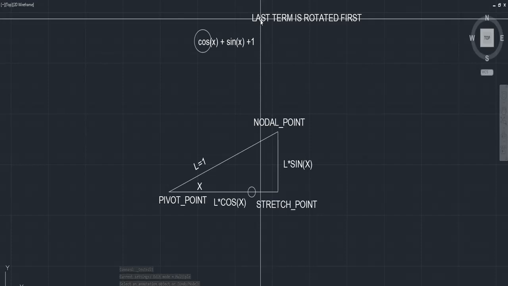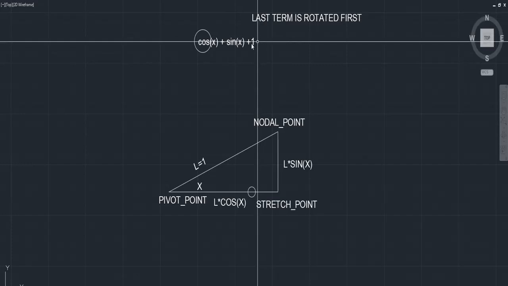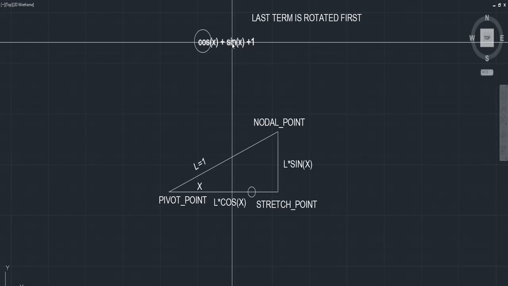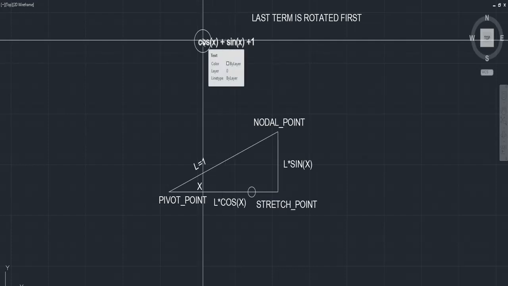In stack data structures we see last in first out: the last term is rotated first, the second last term is rotated sequentially later, and the first term is never rotated. So we have to cut at such a point where the first term will remain free from rotation.